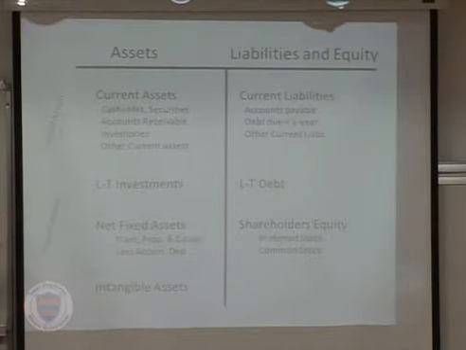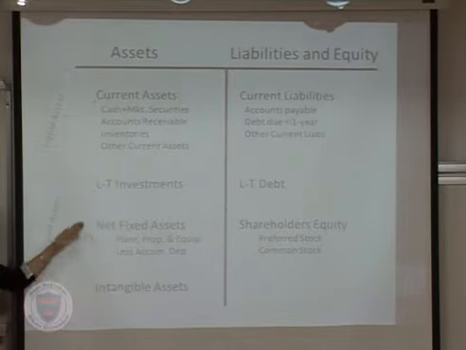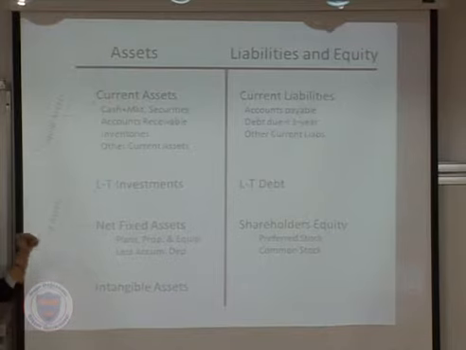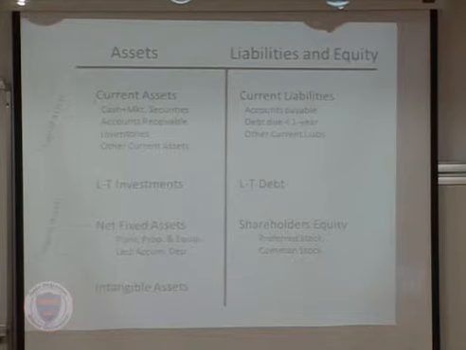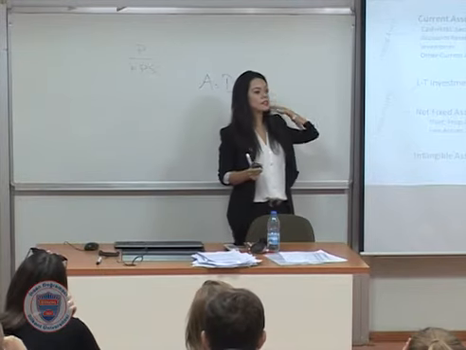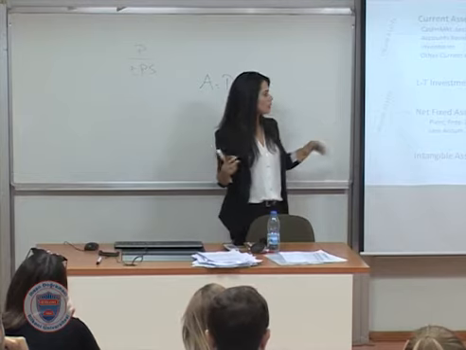Then we have longer term investments. Here we have plant, property, and equipment, fixed assets. If you deduct the accumulated depreciation from those, you're going to find net fixed assets. And we're going to talk more about depreciation later. Also, we can have intangible assets. And intangible assets can be patents, copyrights, brand names, whatever.